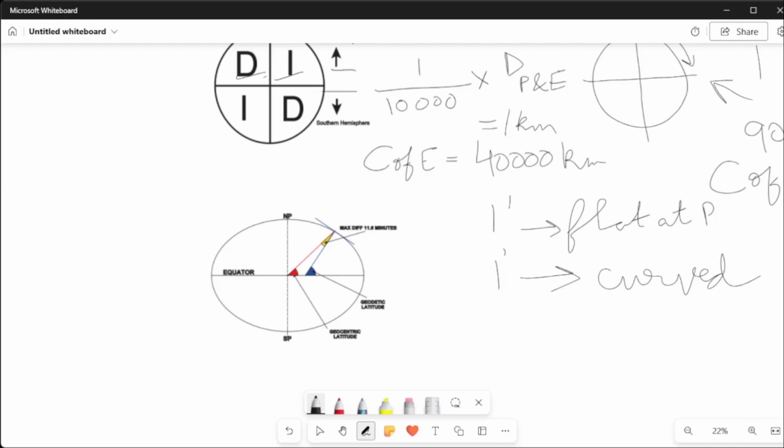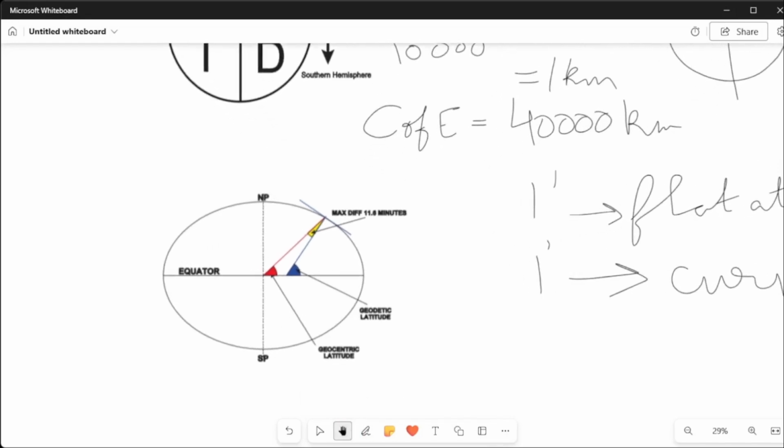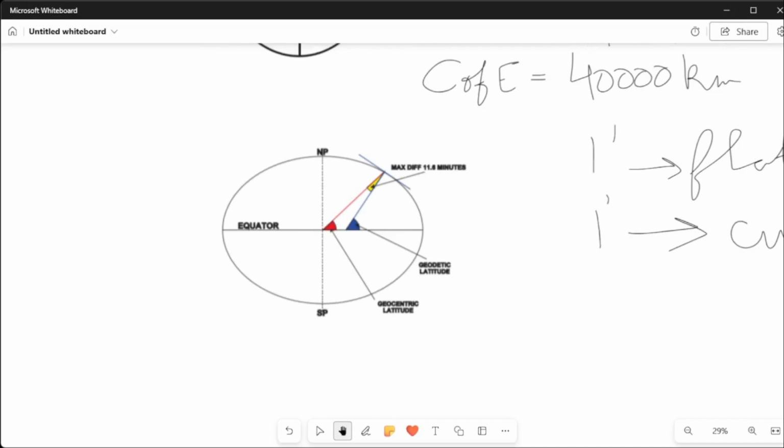Next thing we arrive at is the geocentric and geodetic latitude. Geocentric, as the name suggests, is a line joining the center of the Earth, which is an oblate spheroid, and a point on the Earth, and the latitude is hence derived. For example, over here it is 45 degrees north.